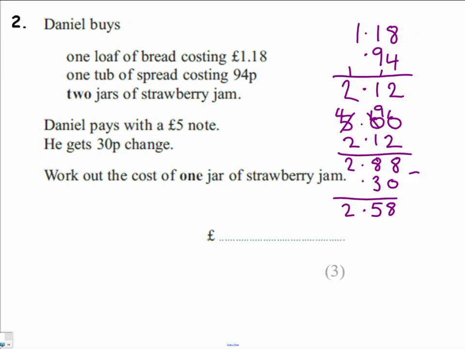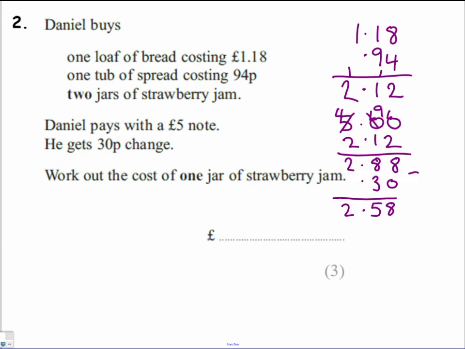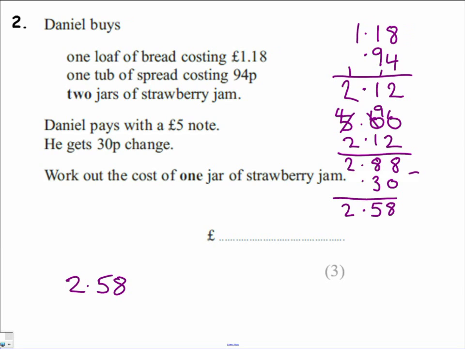So the 2 jars of strawberry jam cost £2.58. We need to halve £2.58 to work out the cost of 1 jar of strawberry jam. So you can do it in short division. £2.58 divided by 2. So 2 goes into 2 once, 2 goes into 5 twice, remainder 1, and 2 goes into 18 9 times.